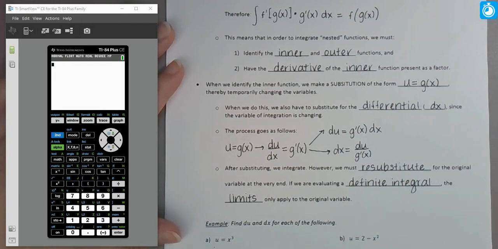So when do we actually plug in those limits of integration and evaluate the definite integral? Well, we're going to do that after we resubstitute. We're only going to sub in those values once we're back in terms of our original variable, whatever happens to be, more than likely, x.